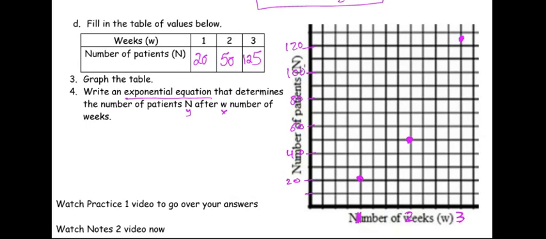We know the formula for the exponential function equation, which is y equals a times b to the x. In this case, we have y is n, and then x is W. To go from one y term to the next, we had to multiply by 2.5 or 5 over 2. So that's going to be that factor. And the initial value is when x equals 0. That means it's the value before x equals 1.